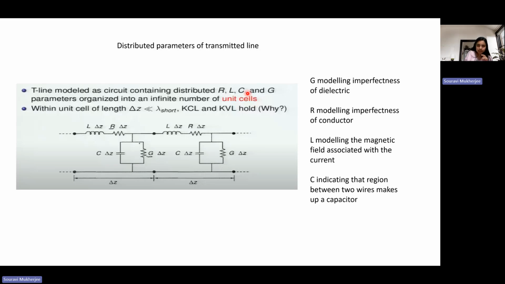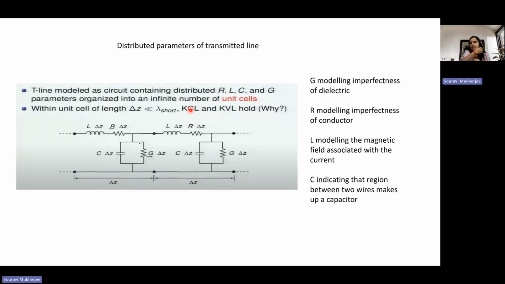That means if you have a long transmission line, you break it into sections of, suppose, delta Z. Each length of delta Z is called the unit cell, and this delta Z is much, much smaller than lambda short. This has to be determined based on the kind of signal that is getting transmitted, right?